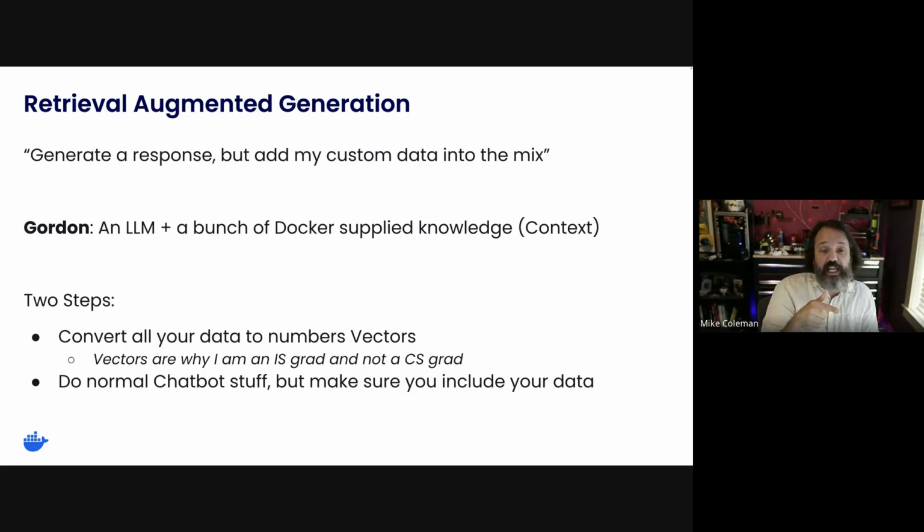They only know what they know. They're trained on publicly available data. So if you want to know something that happened more recently, or something specific to your business, your information, you have to give that information to the LLM.